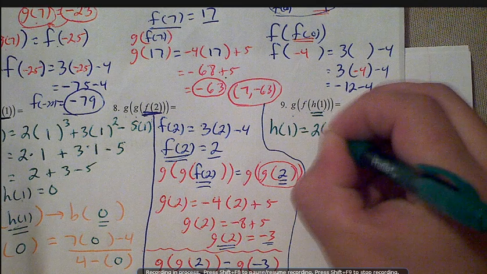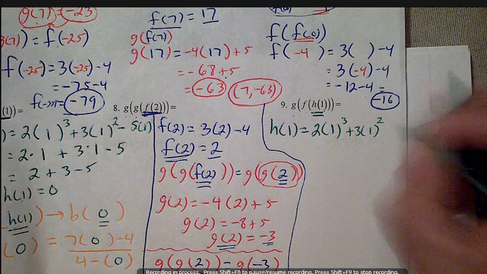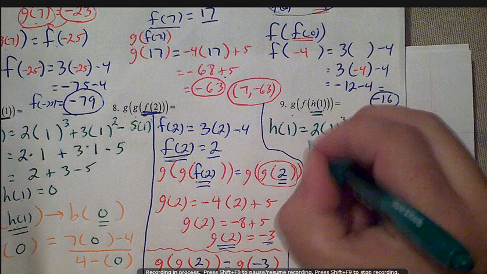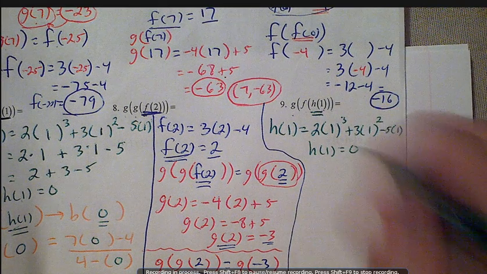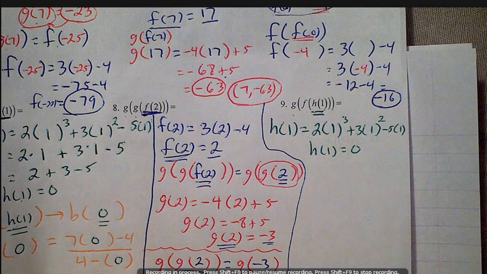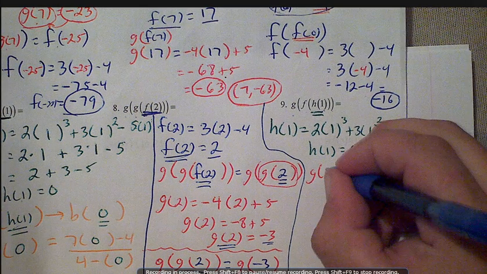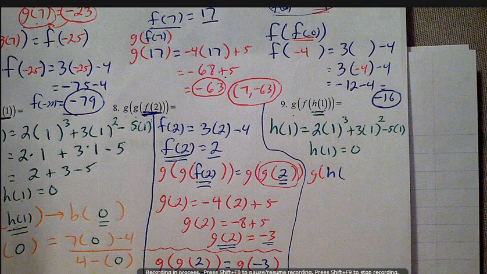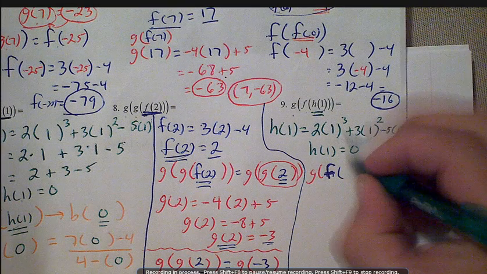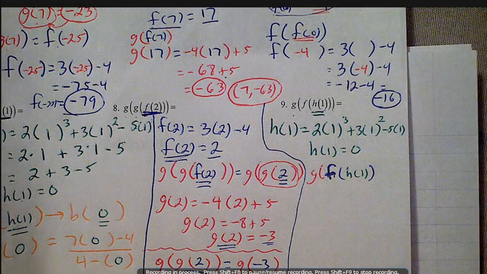So now, instead of the problem being g of f of, oops, it's an f, of h of 1, instead of being this, replace h of 1 with 0.